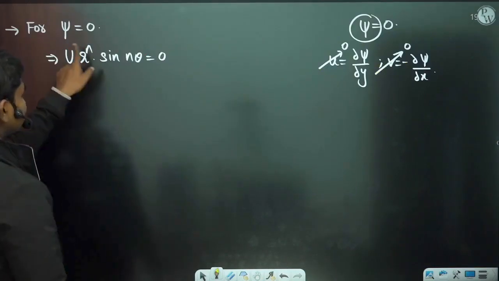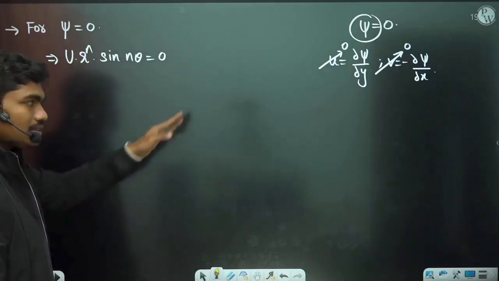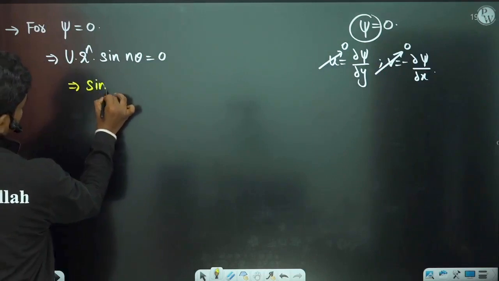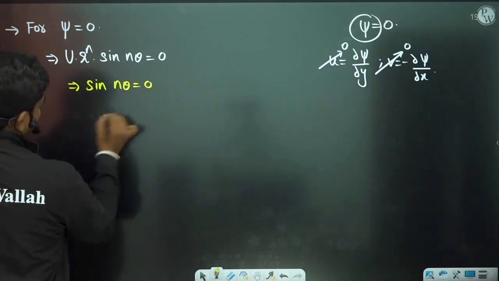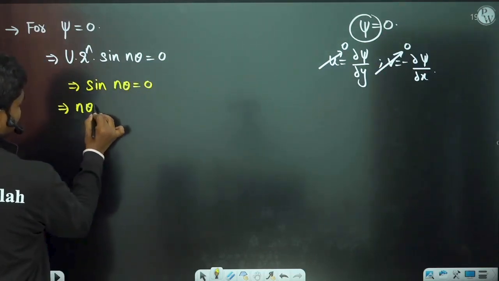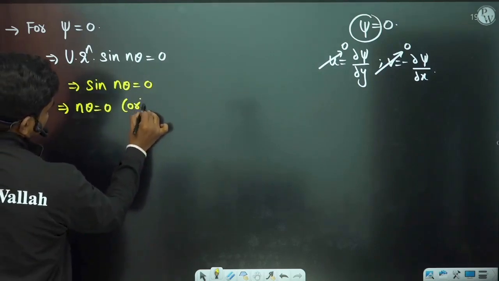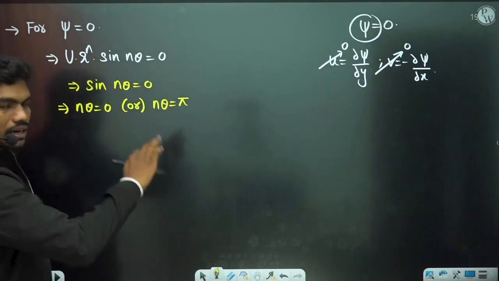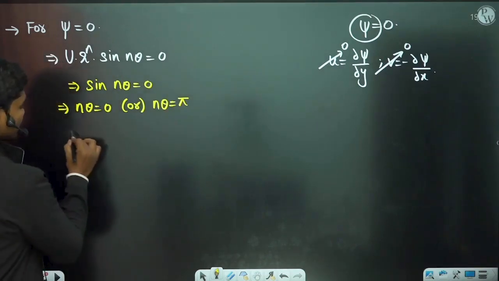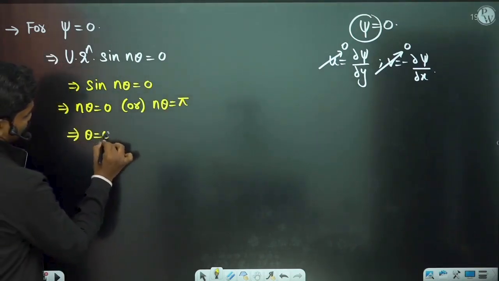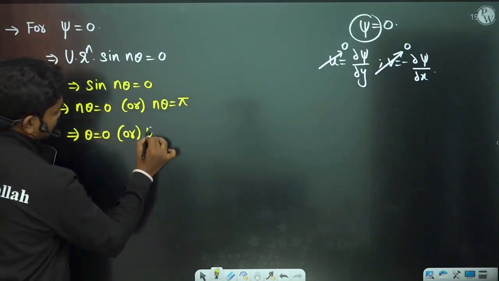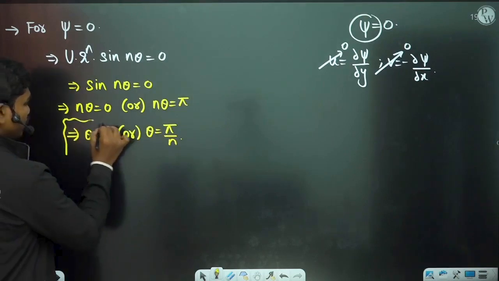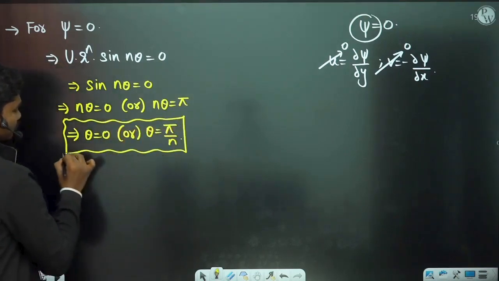Similarly, r is also not 0, because if r is 0, that function does not exist. So this implies sin n theta should be 0 actually. So n theta is either 0 or n theta is equal to pi, because we are talking about the positive plane. So theta is equal to 0 or theta is equal to pi by n.